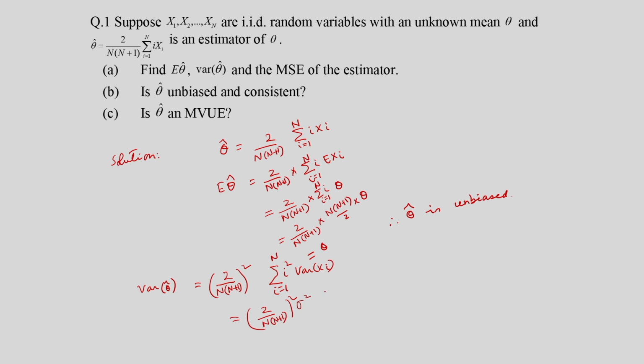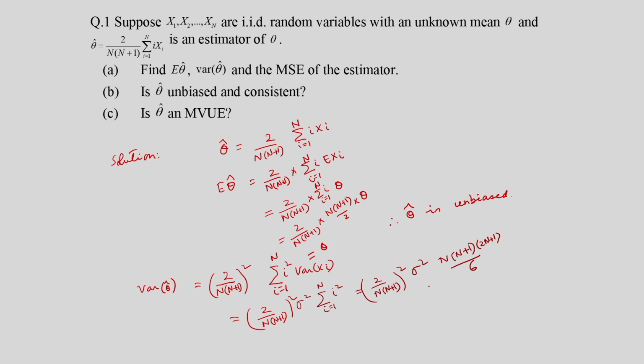Then this will be the summation of i square, i going from 1 to n, and this is equal to 2 by n into (n plus 1), whole square, sigma square, times n into (n plus 1) into (2n plus 1) divided by 6.